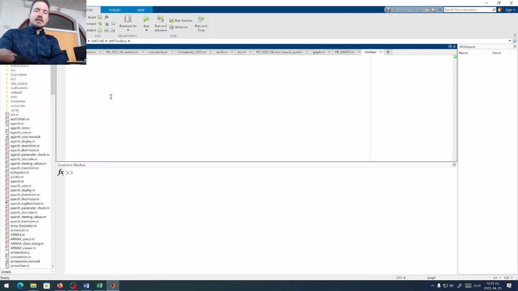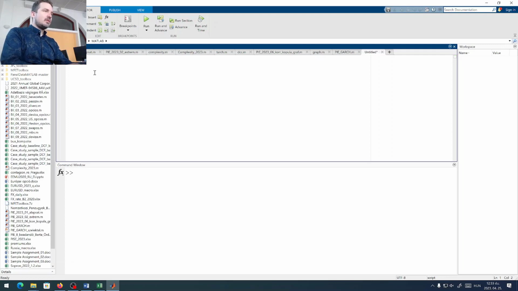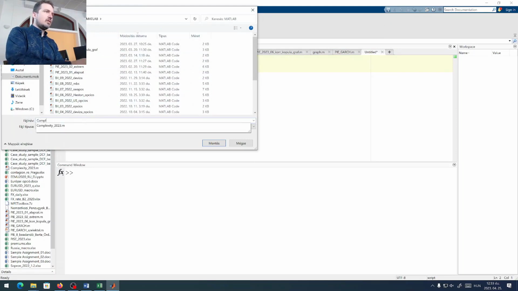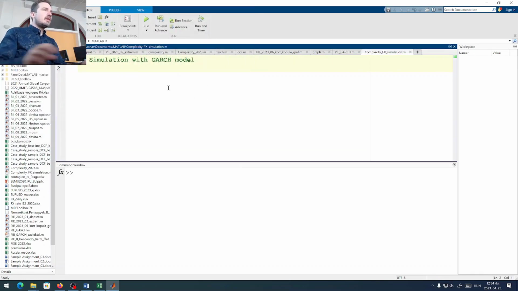So first of all, in MATLAB we have to load in the data, so simulation with GARCH model.